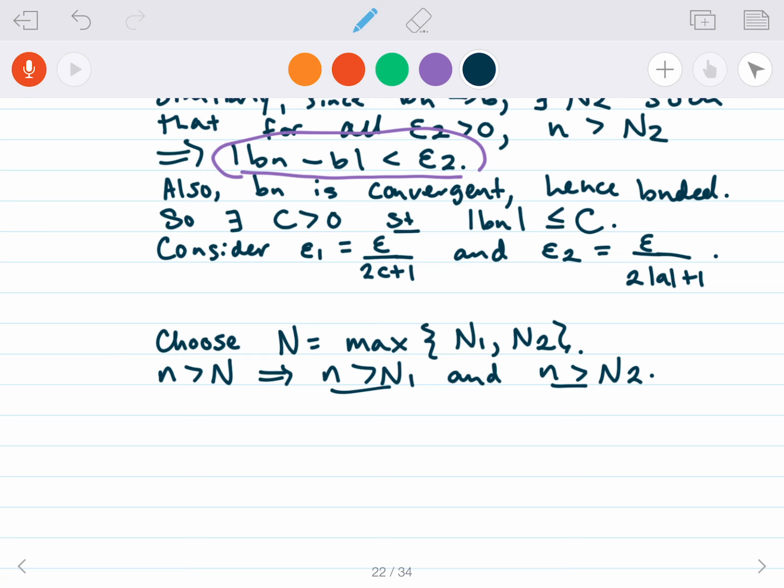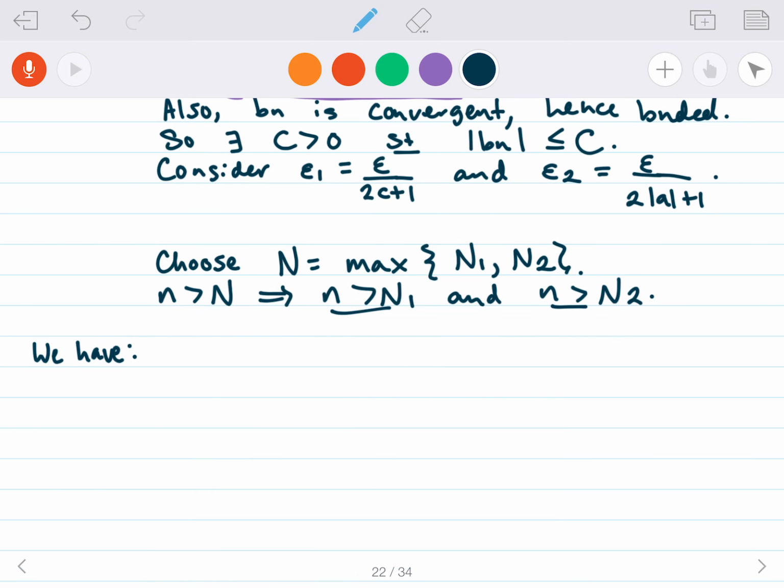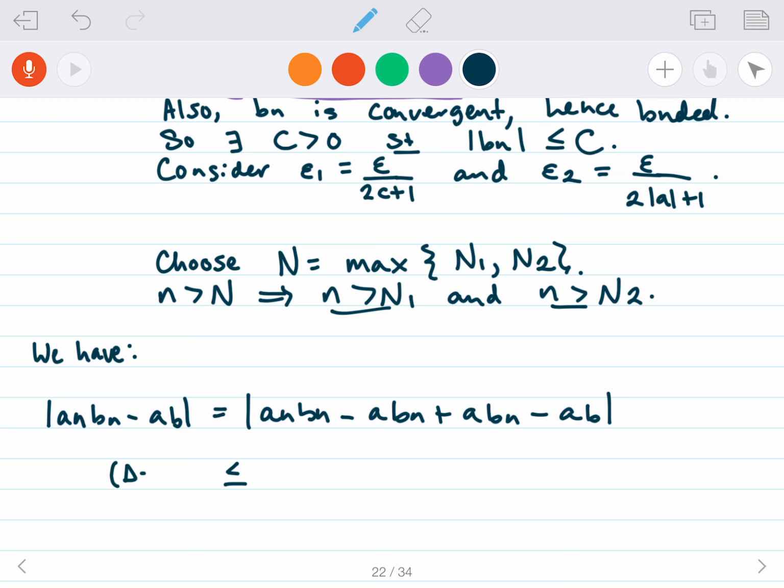Now comes the triangle inequality. We have a sub n, b sub n, minus AB, and remember we're trying to show this is less than epsilon. This is equal to, remember our trick from the scratch work, and by the triangle inequality, we have this.